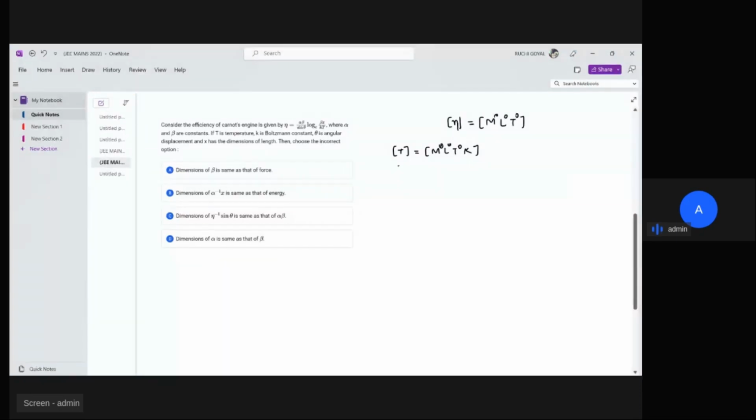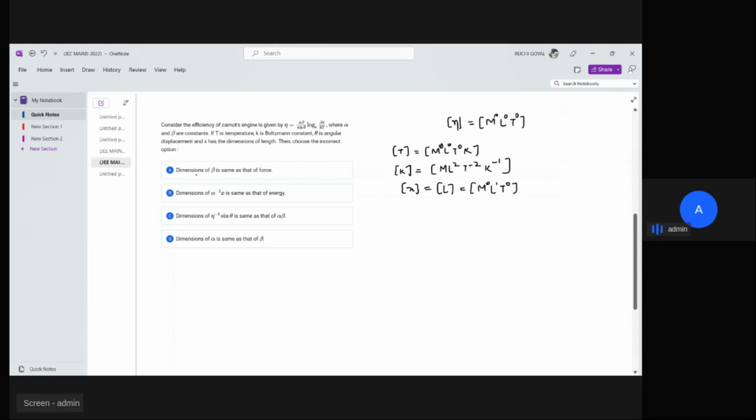The dimensions of Boltzmann constant k will be M L^2 T^-2 K^-1, and the dimensions of x, length, is L, right? So we can write it as M0 L1 T0. Okay, so we can calculate one by one.